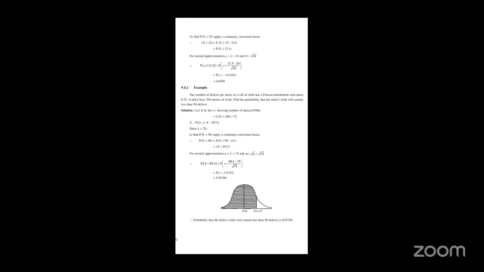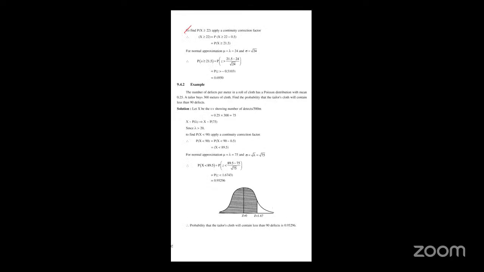what they asked us to find is the probability of X greater than or equal to 22, right? They said at least, so we can take 22 or more than 22. So we apply a continuity correction.